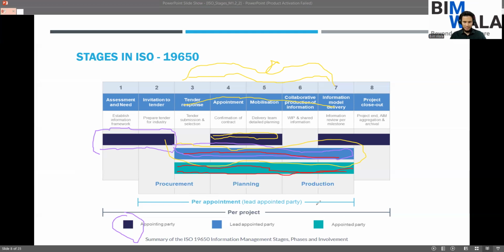Pre-appointment, lead appointed party. This is the procurement stage, stage 2 and 3. 4 and 5 can be called the planning stage. And we have 6 and 7, production stage. Information production happens in the 6th and 7th. Planning happens in 4th and 5th, and procurement, you can say 2nd and 3rd.